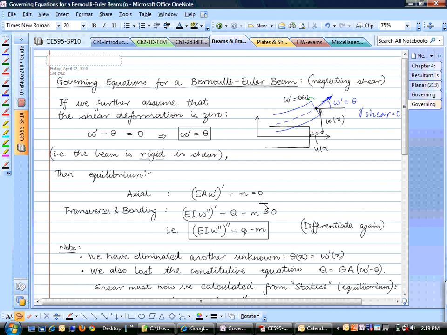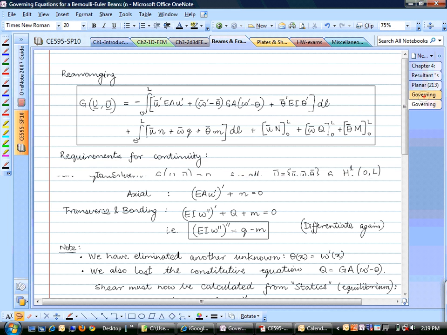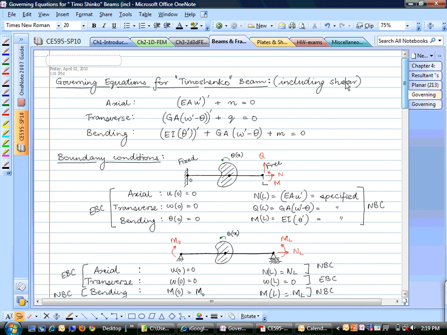Another point to note here is that whether it is the Bernoulli Euler beam theory or the Timoshenko beam theory, in both these cases, this axial equation is completely decoupled. You can solve this equation completely independently of the other two. However, these two are coupled. w and theta are coupled through these two equations. So you would have to solve these two equations together.